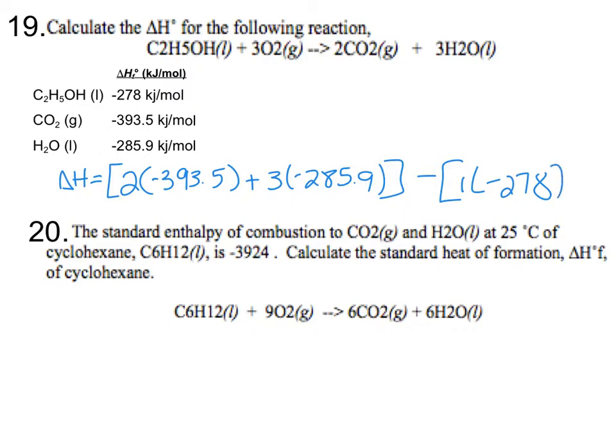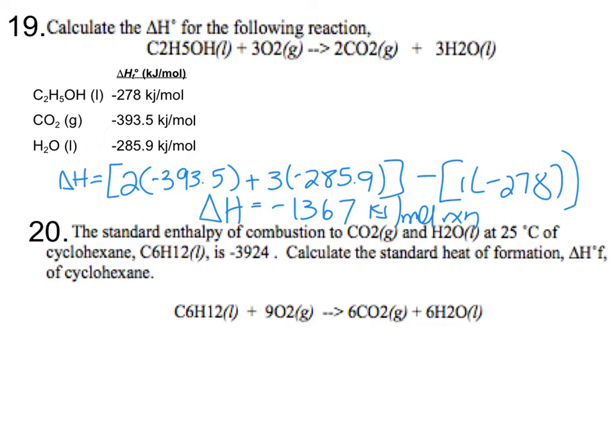And notice I have a free element there. It's not even in the table. So when you don't have a delta H of a free element, that's cool because it's 0. So we put that. You can put this straight in your calculator if you use your parentheses and brackets appropriately for order of operations. So delta H is equal to negative 1,367 kilojoules per mole of reaction.